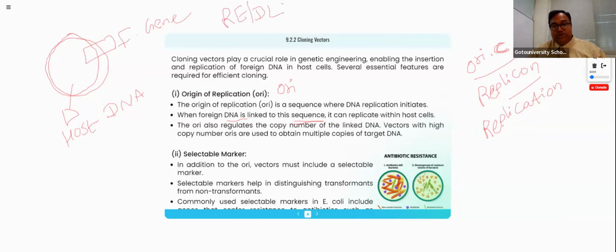But whenever I introduce it, the origin of replication should not get inactivated.